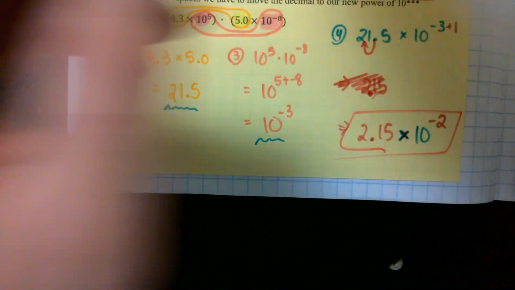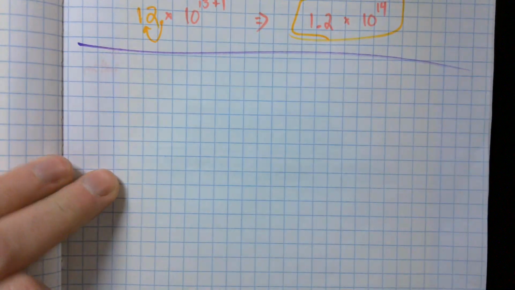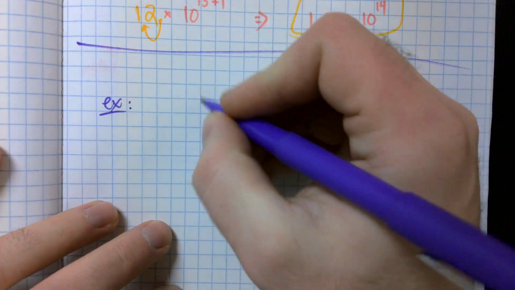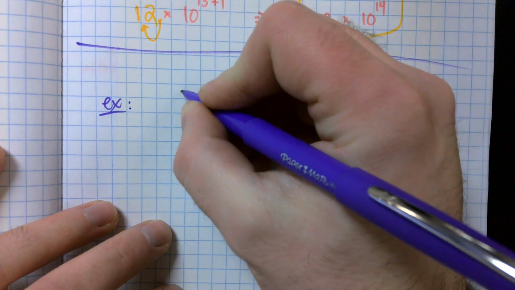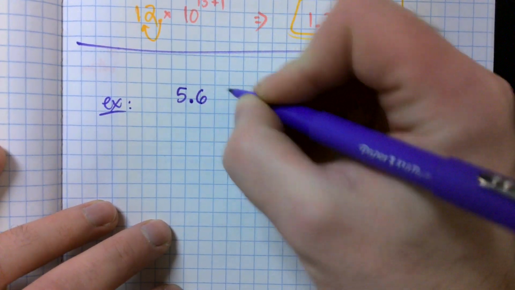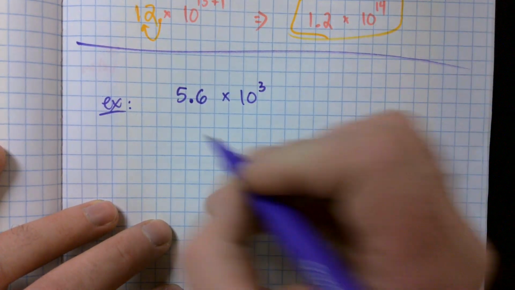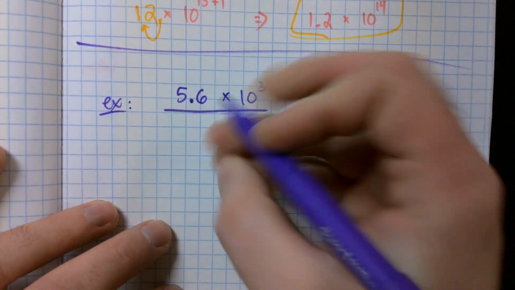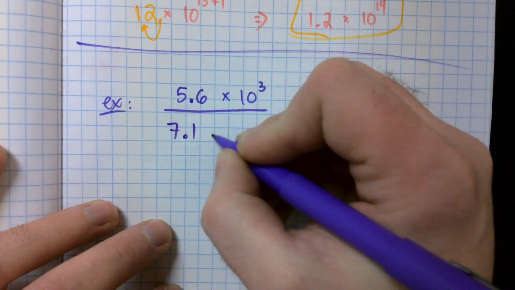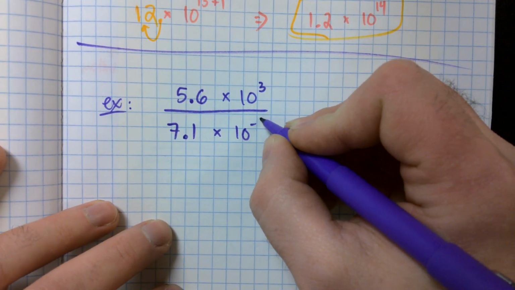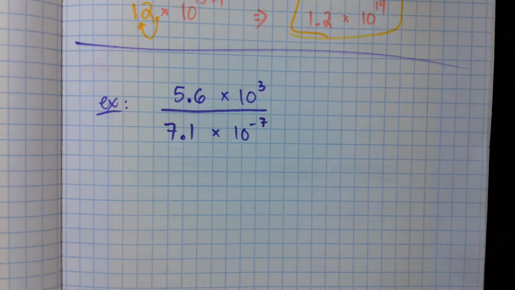Wherever you have some space, I'm going to go back just to finish off on the page that I had. Let's do 5.6 times 10 to the third over 7.1 times 10 to the negative 7th.